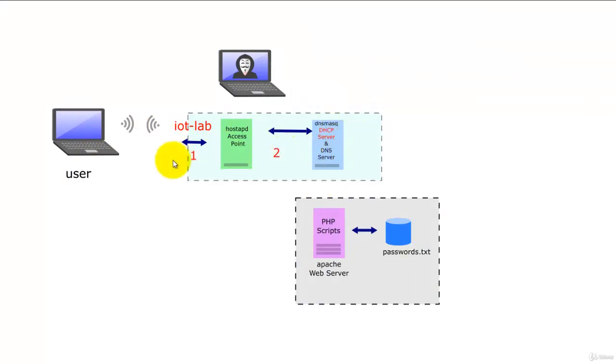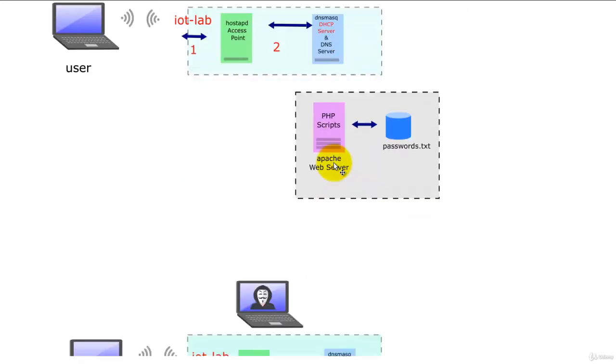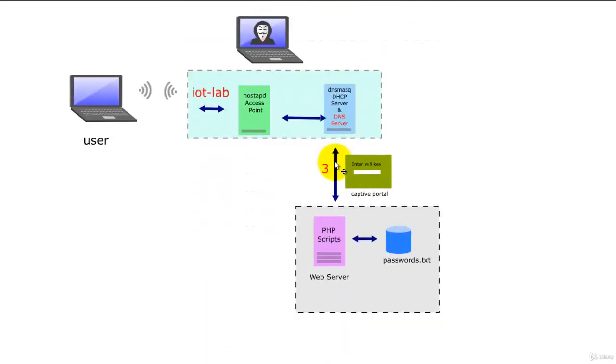After the user has got an IP address, the user will now be able to communicate to the internet, going back to the DNS server to request any URL. Next step. If the user were to request any URL, dnsmasq, using its DNS server, will redirect the user to our own web server.